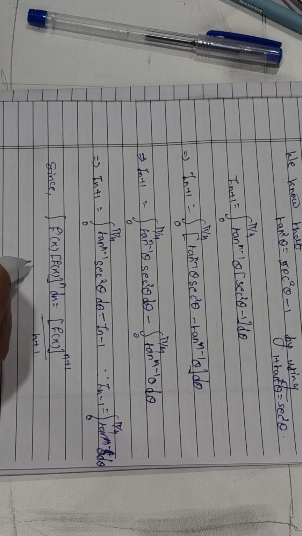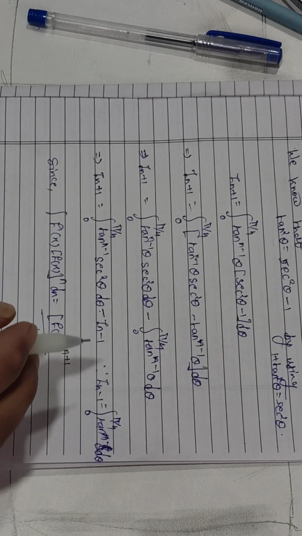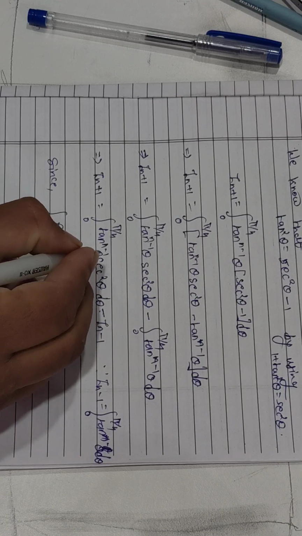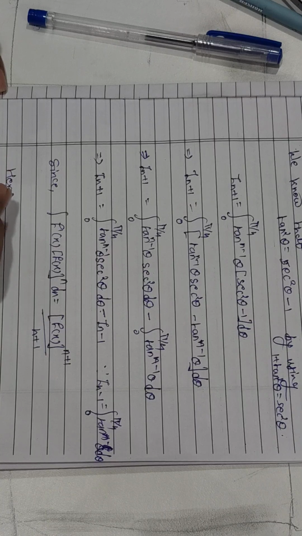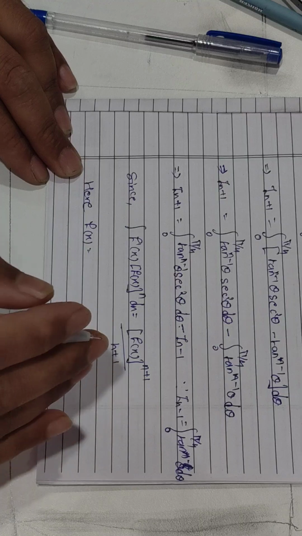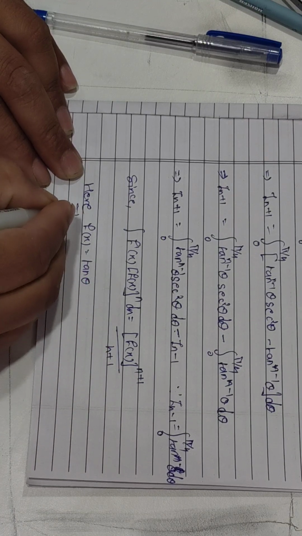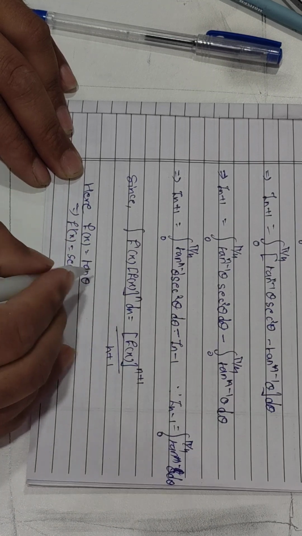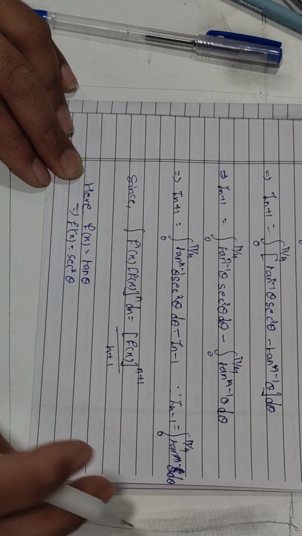Here note that in the integration of tan theta, f of x equal to tan theta, which implies f dash of x equal to sec square theta. So f of x equal to tan theta, f dash of x equal to sec square theta, and the power is n minus 1.